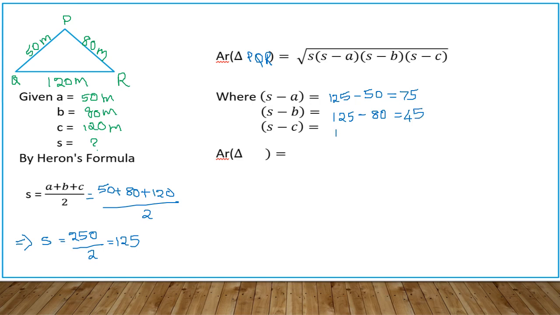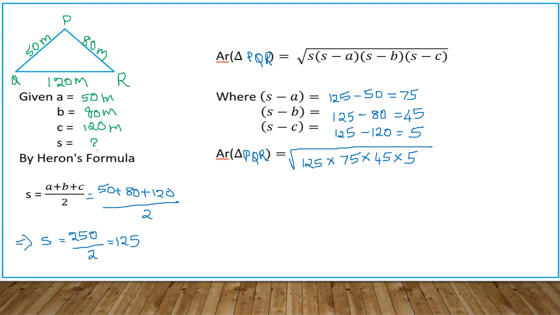Then we have 125 minus 120. The answer is 5. Right? Now we can calculate them easily. So area of triangle PQR is square root of 125 multiply by 75 multiply by 45 multiply by 5. Right?